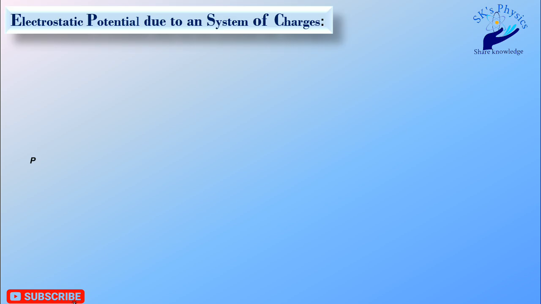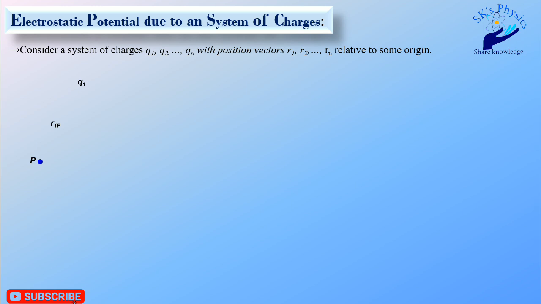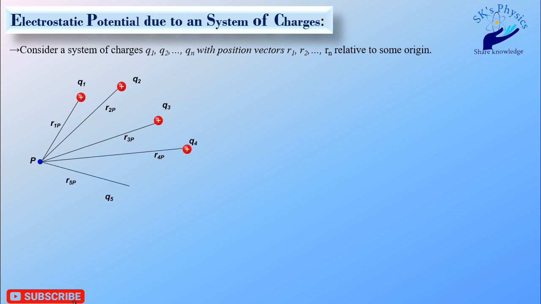Electric potential due to a system of charges. Consider a system of charges q1, q2, up to qn with position vectors r1, r2, up to rn. The potential V1 at P due to charge Q1 is V1 is equal to 1 upon 4 pi epsilon 0 Q1 upon R1P.